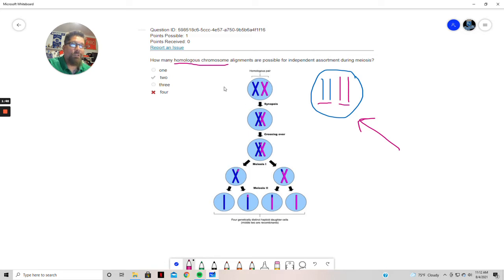Now the question is, how many alignments are possible for independent assortment? You answered 4, as you can see here. But independent assortment is this process down here, where they separate them out. The crossing over, as you can see, is the part up here where the information can be exchanged.